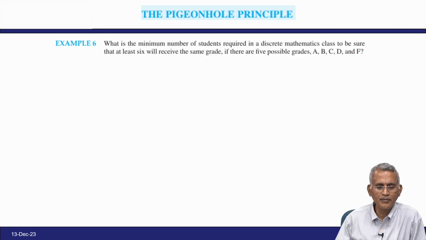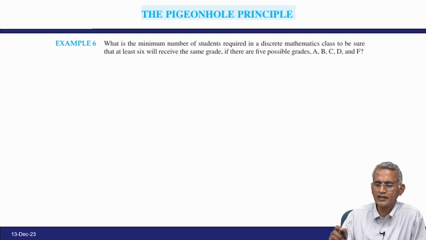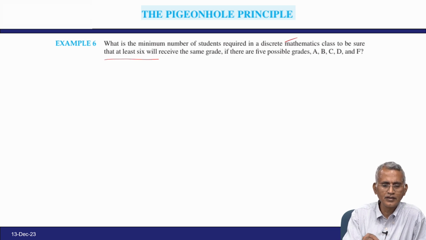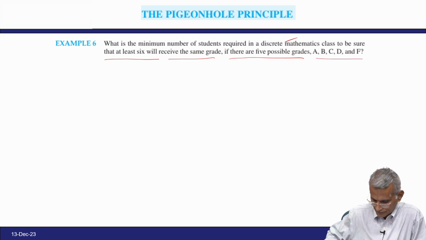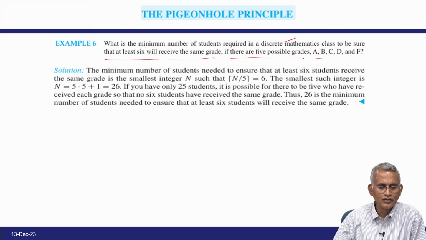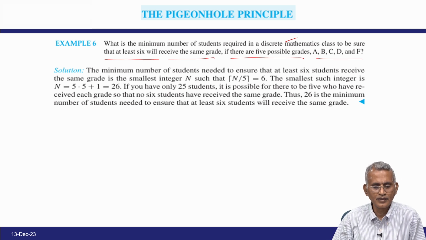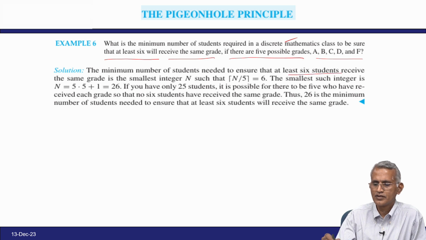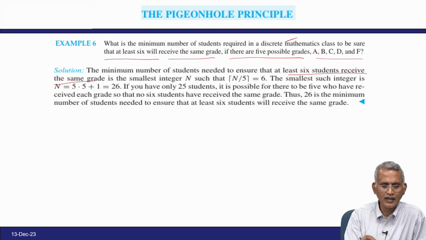Next, what is the minimum number of students required in a discrete mathematics class to be sure that at least 6 will receive the same grade, if there are 5 possible grades A, B, C, D and F? So, the solution to this problem is that the minimum number of students needed to ensure that at least 6 students receive the same grade is the smallest integer n such that the ceiling of n by 5 equals 6.